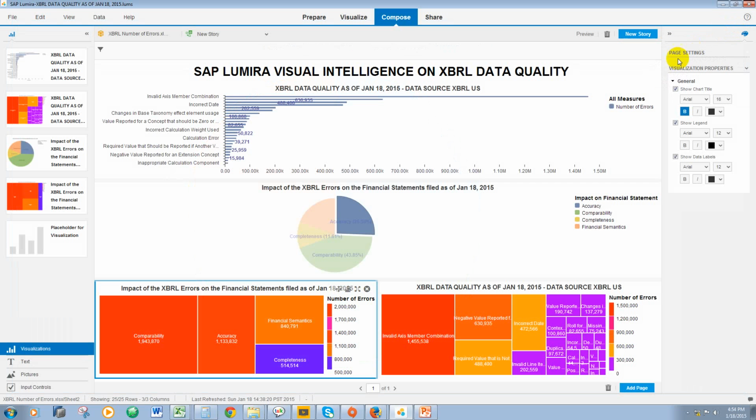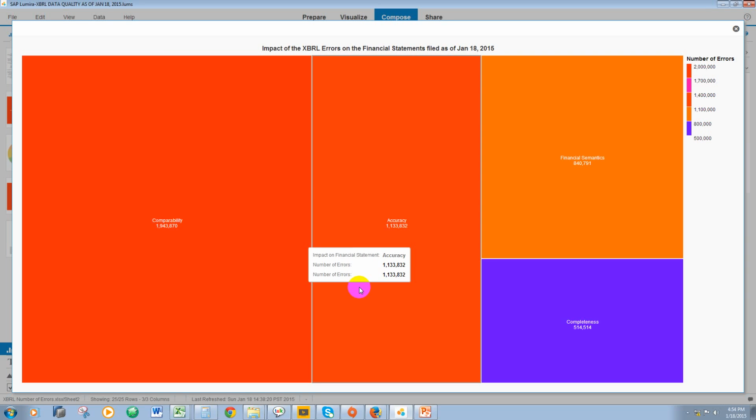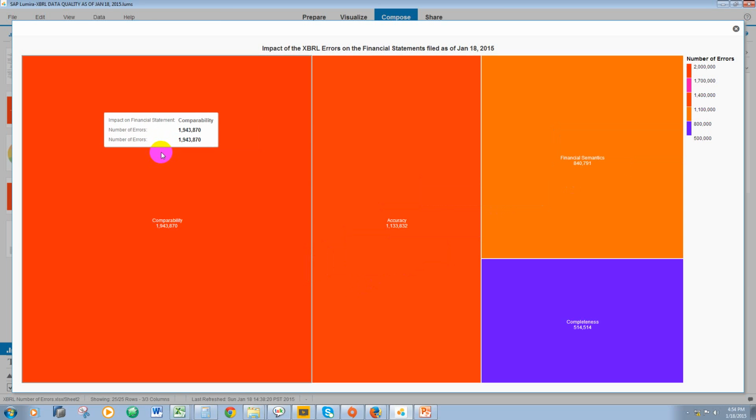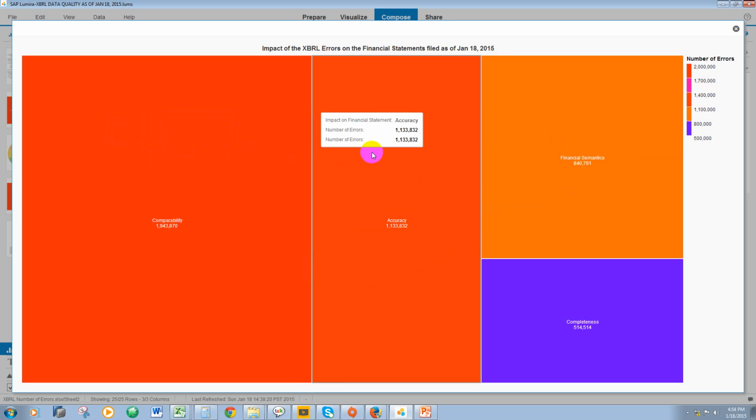Now let us look at these impacts with the help of a tree map over here. So we see that comparability holds the largest area because the number of errors covered is 1.9 million, that is close to 2 million, and then we have accuracy, which is 1.1 million, that is the second largest area of the impact on the financial statements due to these errors.